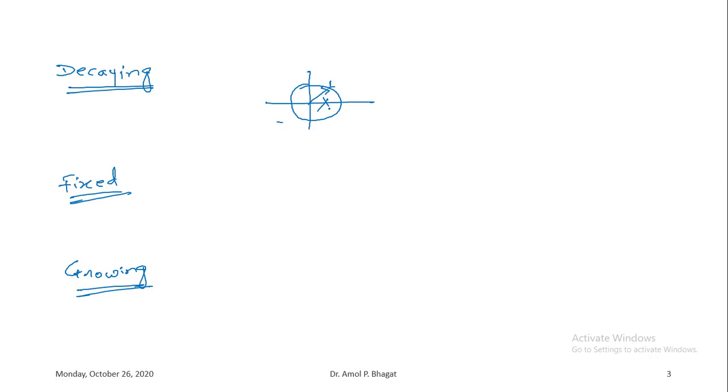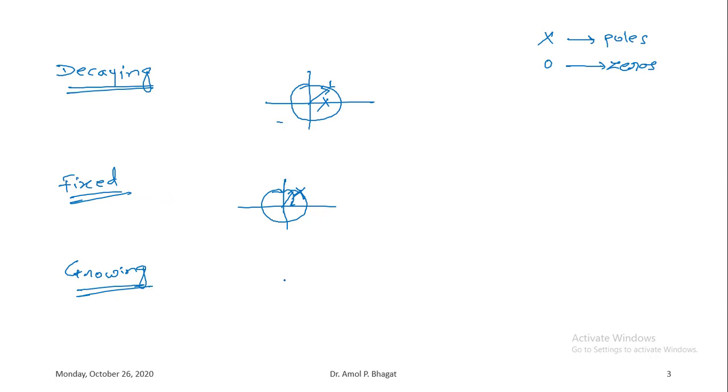Poles are denoted by crosses, while zeros are indicated by circles. If the poles are on the unit circle, the signal is fixed.